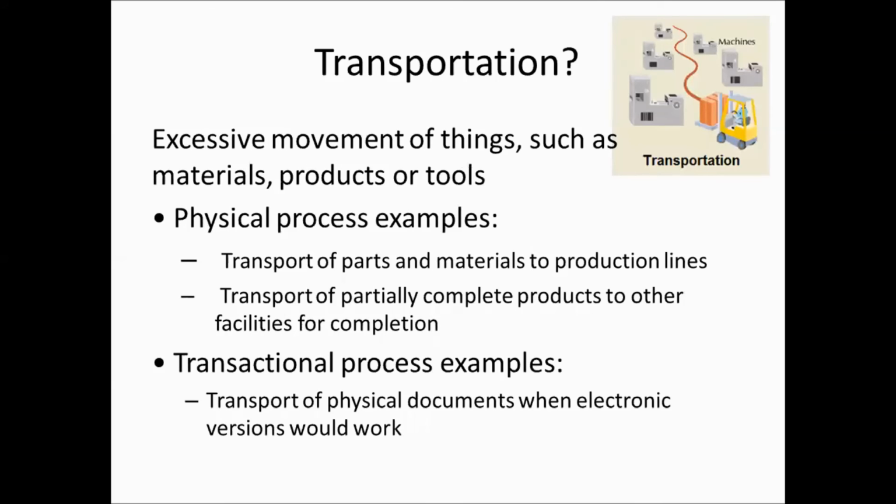T for transportation: excessive movement of things such as material, product, tools, machines, like transporting parts and materials between production lines, or partially completed product being moved to another area to be completed, or transport of physical documents when we can send these documents electronically.